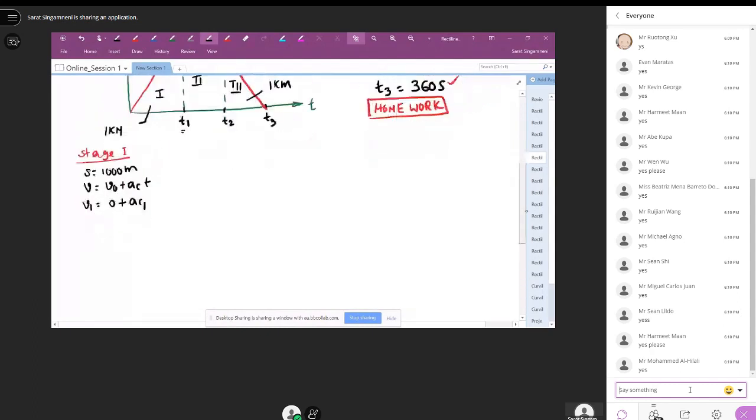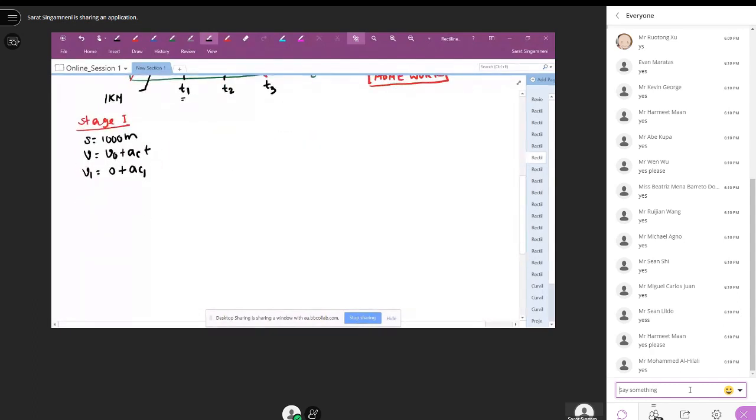So AC1, I'm calling it AC1 because that is for the first part of the travel. I took the total time for that part as T1. Therefore, V1 equal to AC1 T1. This is equation 1.